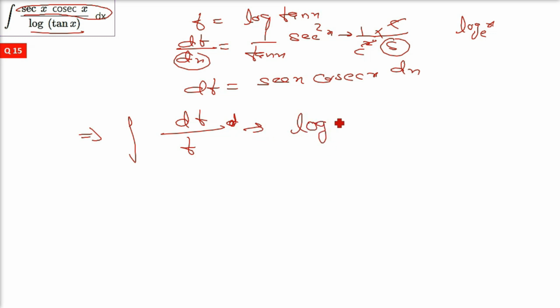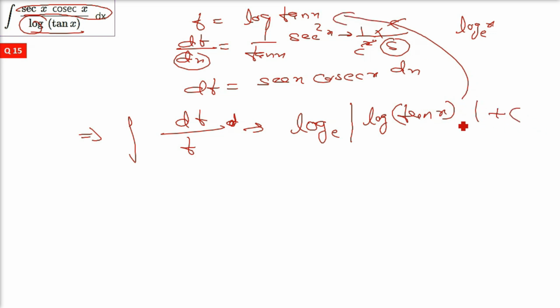So this will be ln or log, because we have initially said that's ln only, log base e. Take the modulus, and this is log of t, which is log tan x, plus c. This is your answer. So the direct answer, I just removed one step, which is that dt by t is log modulus t plus c. Then we go to that answer.